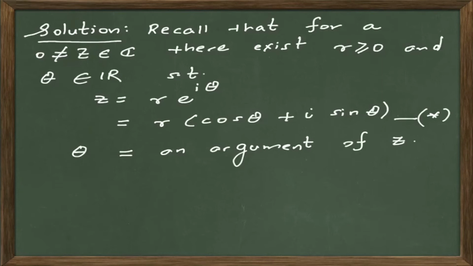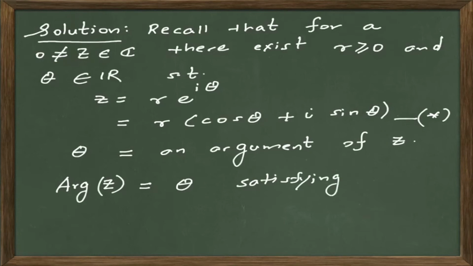In our question, this semi-open interval is minus pi to pi. So, the principal argument of z, denoted by capital Arg z, is the theta satisfying star such that theta lies in the semi-open interval minus pi to pi.